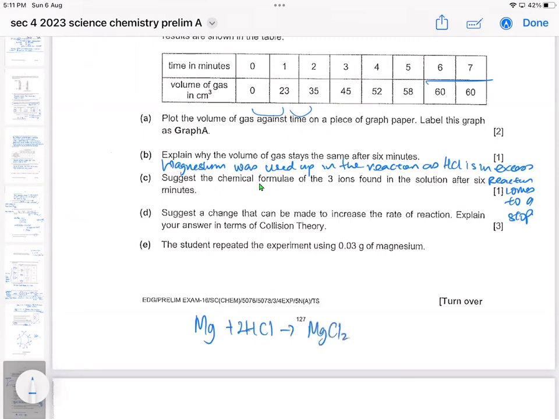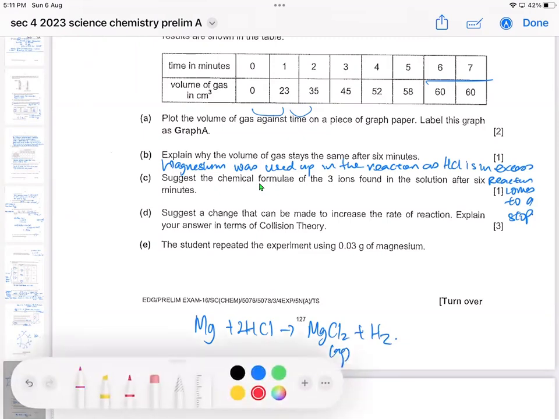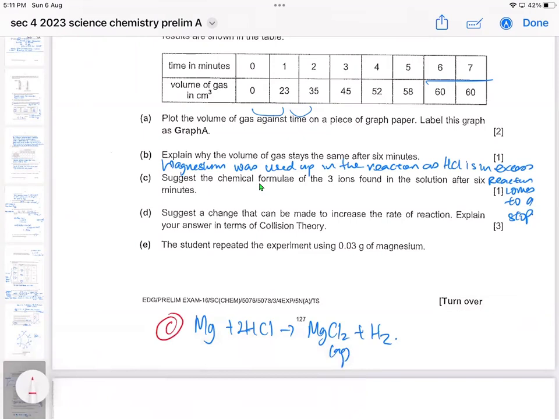We get MgCl2 plus H2. So this is an aqueous solution. So what are the ions present? We have magnesium ions from the magnesium salt. Then you have the chloride ions. Now the last ion is the one that a lot of people couldn't get. It's actually H+ ions.